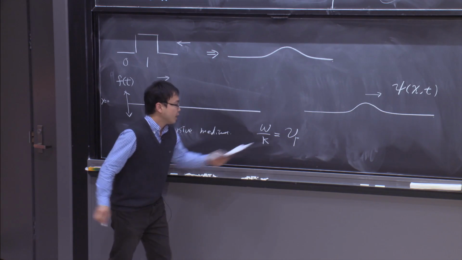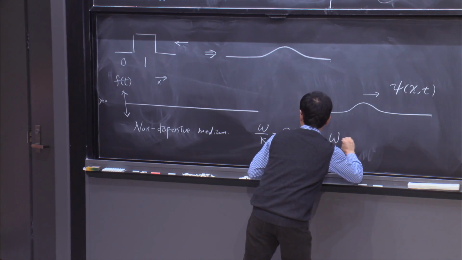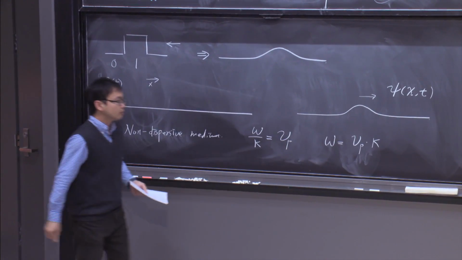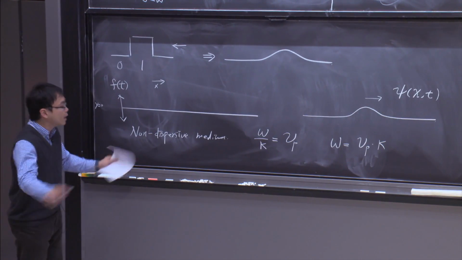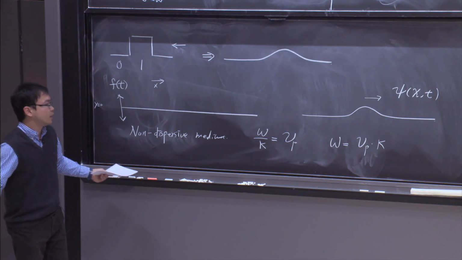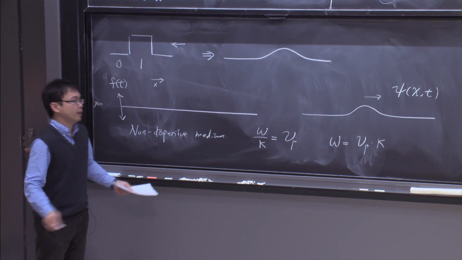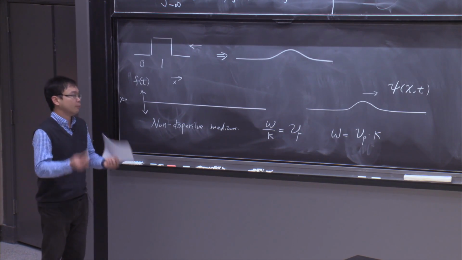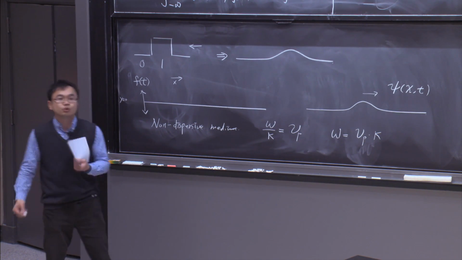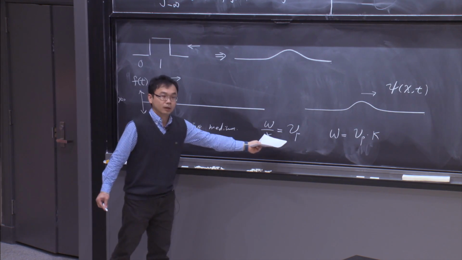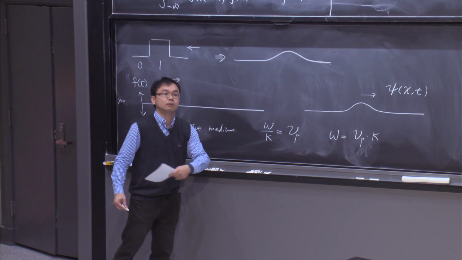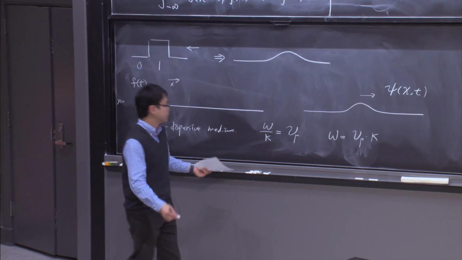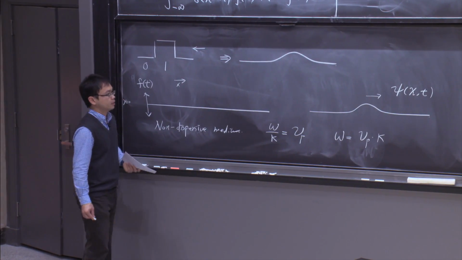Omega is just equal to Vp times k. That means no matter what wavelength or angular frequency we are talking about, the harmonic wave is going to travel at the speed of Vp. So that makes our life much simpler when we work on non-dispersive media.